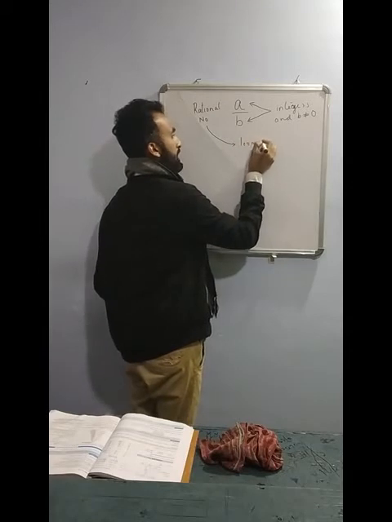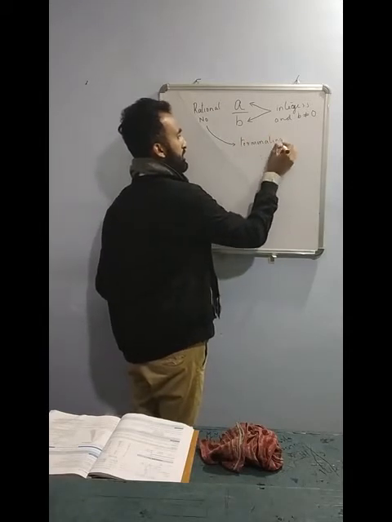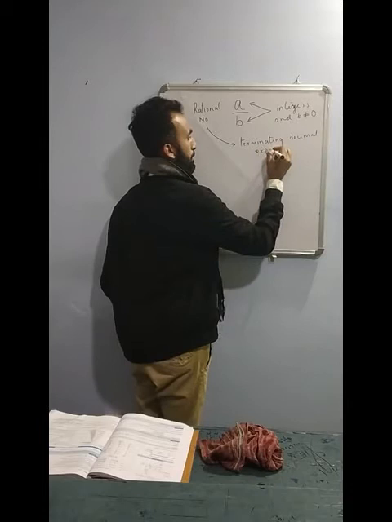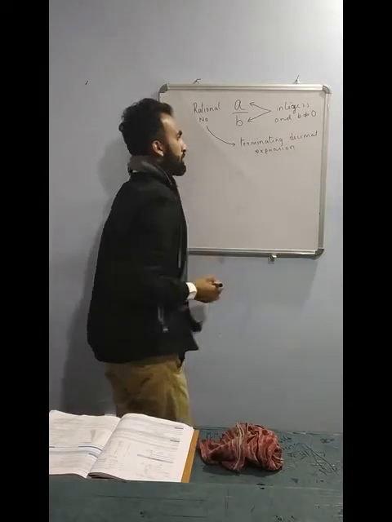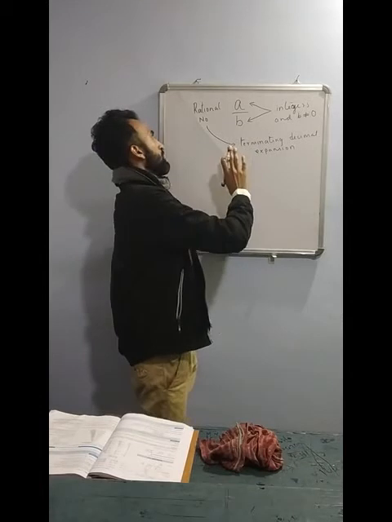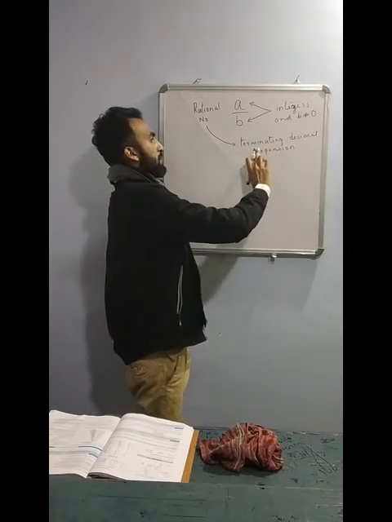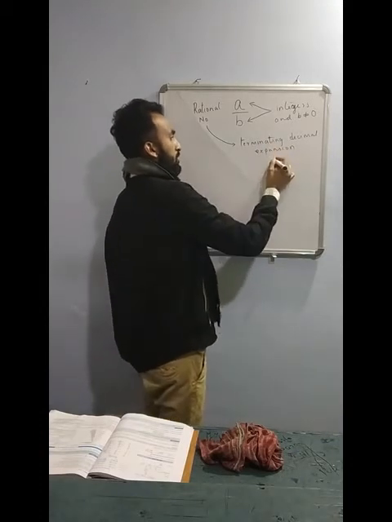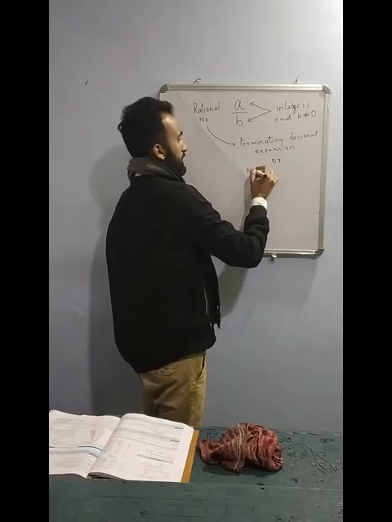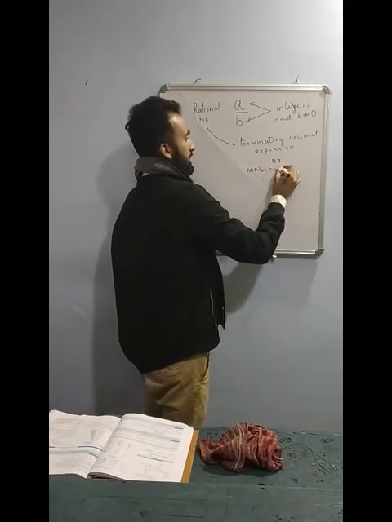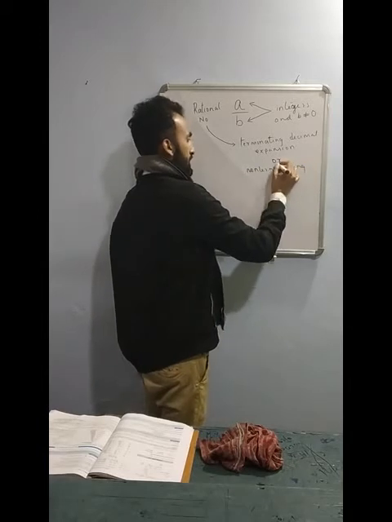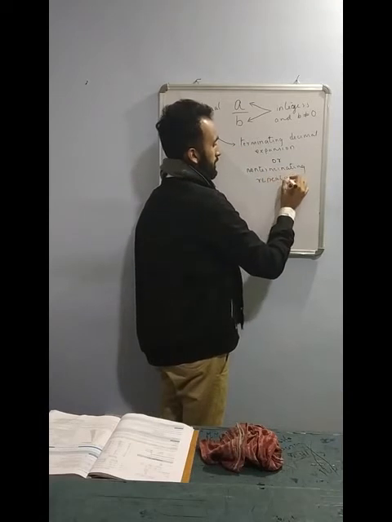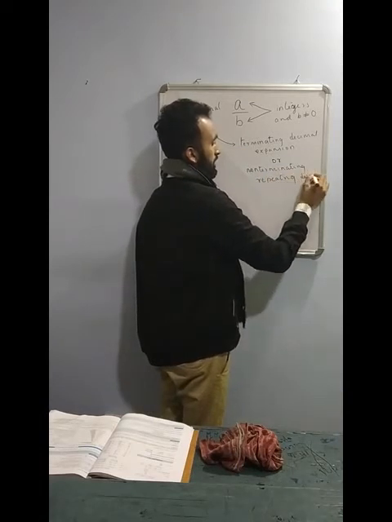So we have also seen that a rational number has what? A terminating decimal expansion, which means the division process will stop. If it does not terminate, it is non-terminating and has a repeating decimal expansion.